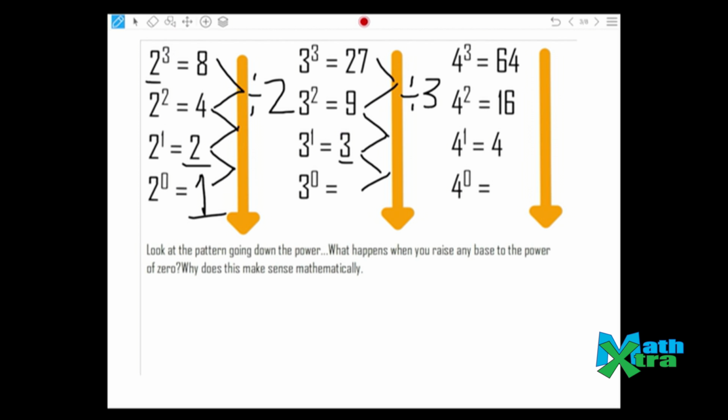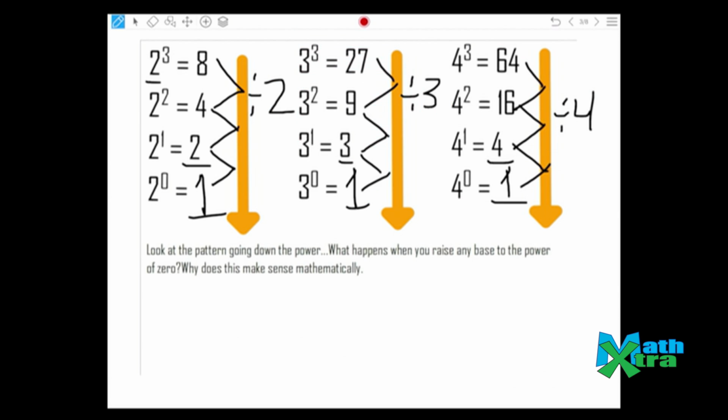And so 3 divided by 3 is 1. Same thing over here, and 4 divided by 4 is going to give us 1.